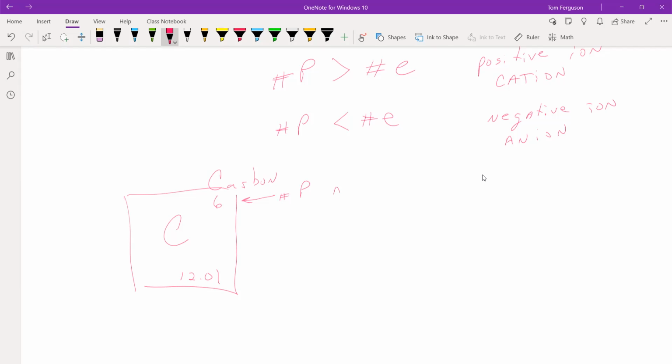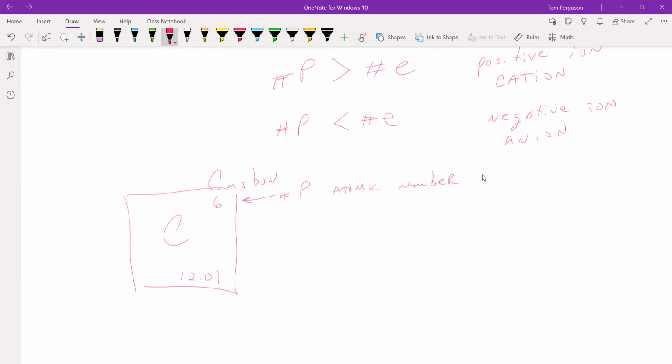It's also called the atomic number. Okay, atomic number. And we're going to see later, those 6 electrons are not distributed uniformly. They're kind of split into 2 groups.